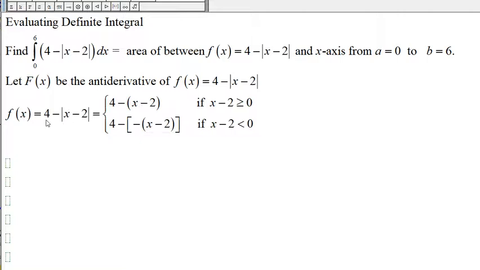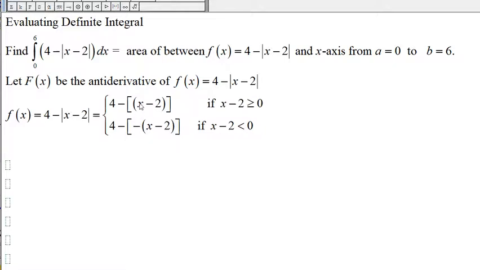If x minus 2 is positive, it's 4 minus the same thing that's inside the absolute value, and otherwise it's 4 minus the opposite of what's inside the absolute value.